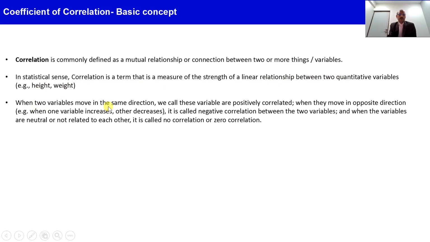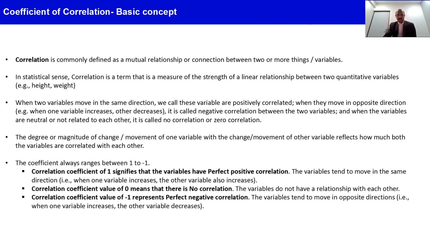So when two variables move in the same direction, we call these variables positively correlated. When they move in opposite direction, we call them negatively correlated. And when there is no dependency of one variable on another, or they are neutral, then we call it zero correlation or no correlation between the two variables.